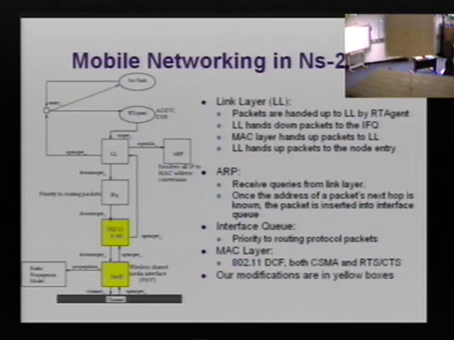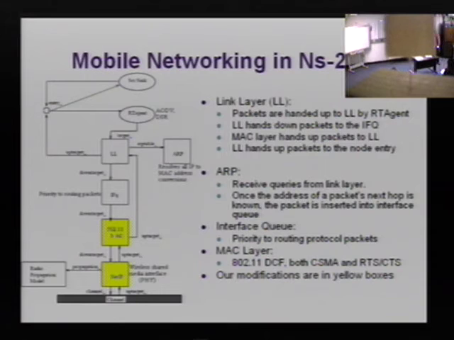Also, the interface queue gives priority to routing protocol packets. MAC layer is 802.11b with DCF, both CSMA and RTS/CTS. And we did our modification in 802.11 MAC and network interface.